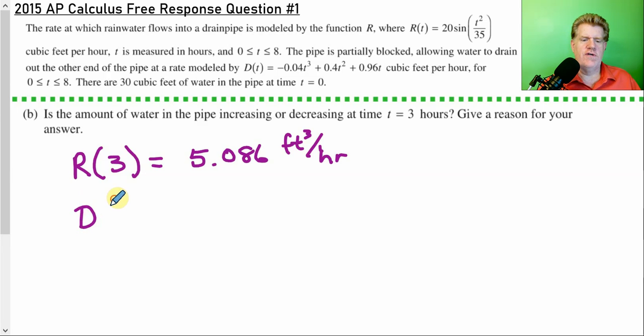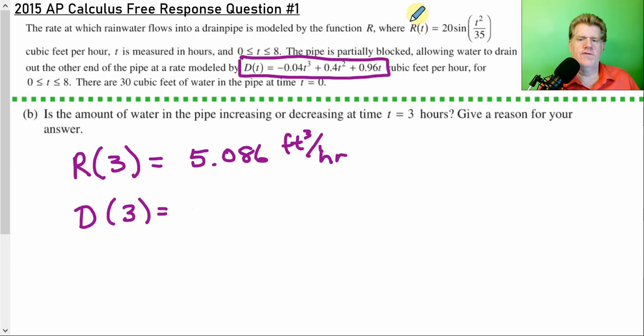Now the D equation is how much would be leaving the pipe. So at 3, and again, here's your equation for D, and I just put it in a calculator because we're using these 2 equations here. So the amount of D for draining from the pipe, if I put in 3, I get 5.4 cubic feet per hour.